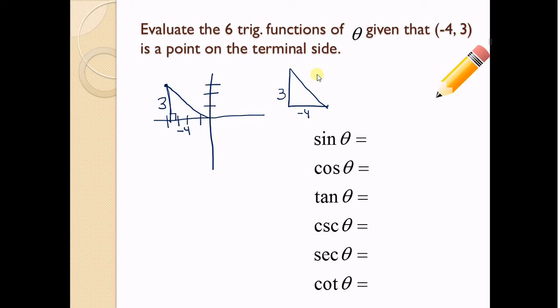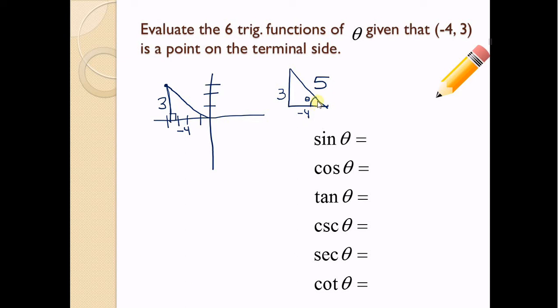I'll get 25. I'm going to square root that. So we're going to have 5 right there, right? Now, I'm going to put my theta right here. You're always going to put it in the corner that's relating to the origin, where the origin started. So you're never going to put it up in this corner. You're going to put it in the corner over here. So here's my theta.